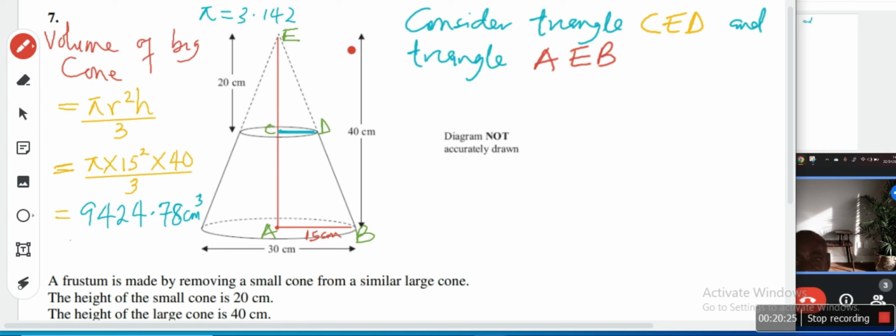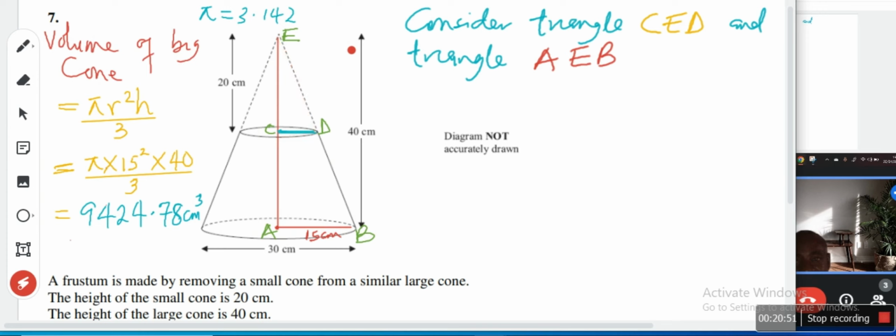Because you said CED for this smaller triangle, and then you need to name the bigger one accordingly. AEB for this big triangle. Can you see that they are similar? Yeah. They're actually similar triangles.